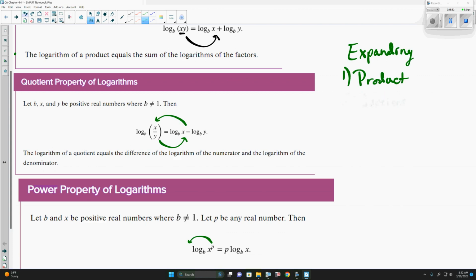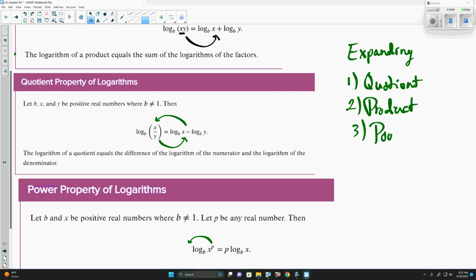Back up. Quotient, and then product, and power last. Quotient, product, power, because we want to take anything that's being divided and split it with the subtraction. Then if there's anything multiplied together, we split it apart and then do power last.